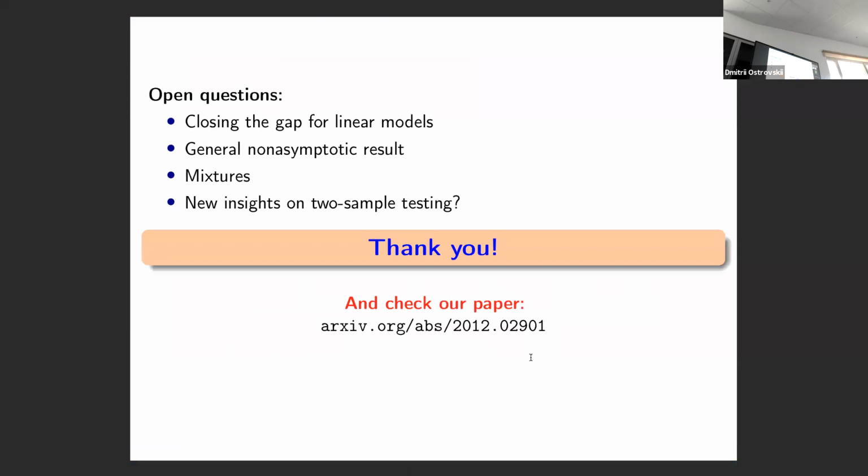Open questions, first of all. How to close the gap for linear models between the upper bound and lower bound that I mentioned. Second, we will look at the asymptotic result, but what would be the non-asymptotic way of proving this? Then, in applications that we will again consider briefly, you tend to work with distributions that are mixtures.